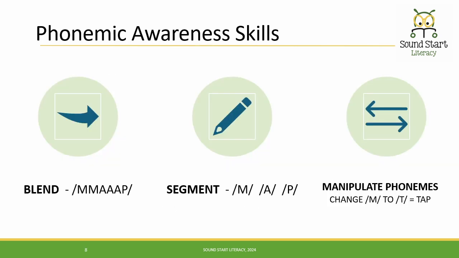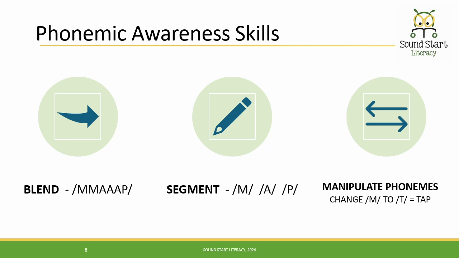We have 3 phonemic awareness skills that are critical: blending, segmenting, and phonemic manipulation. When students first begin reading, blending and segmenting are most critical. What we mean by blending is being able to put those sounds together. If we have a child that's looking at the word map, that child will need to be able to put the sounds /m/ /a/ /p/ together to get map.